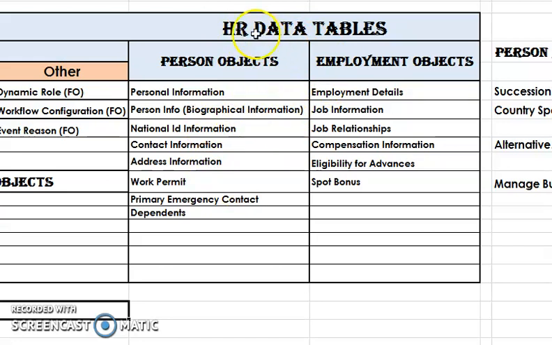As we discussed, Employee Central has the objects related to foundation data and HR data. Foundation data we have classified into foundation objects and MDF objects. Similarly, HR data can be classified into person objects and employment objects.